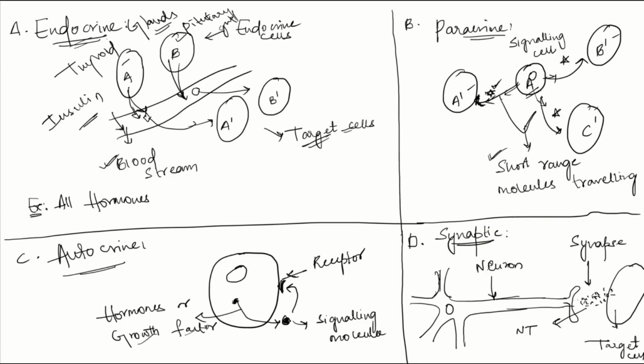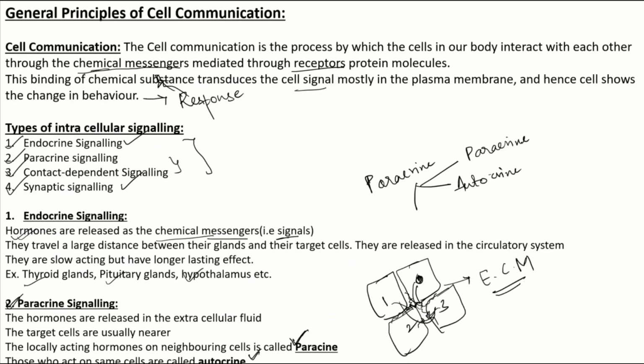When this hormone is produced, it is released in the extracellular matrix, and the hormone goes and binds to the receptor present on the same cell. So it is acting on the self cell. This is called autocrine. Those that act on the same cell from which they have been released are known as autocrine.